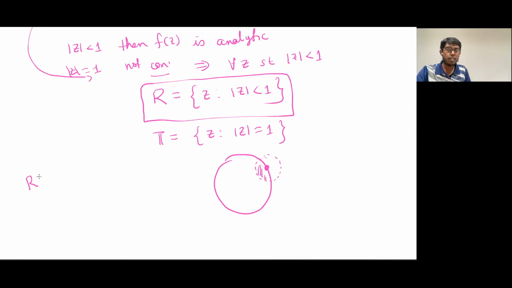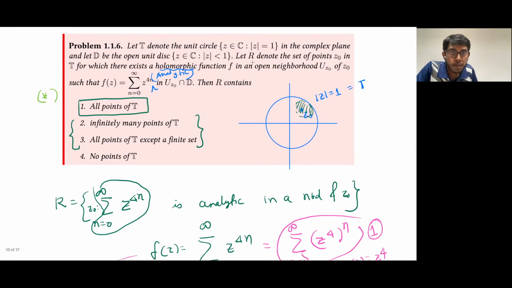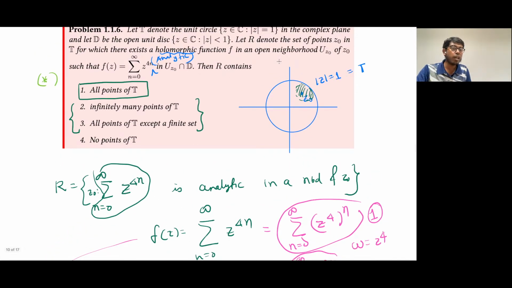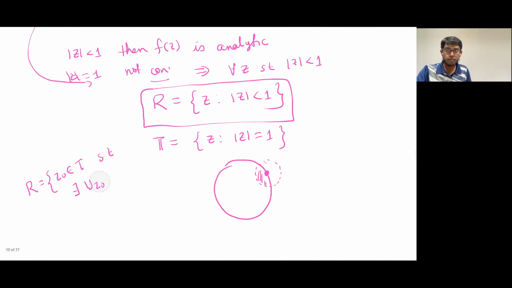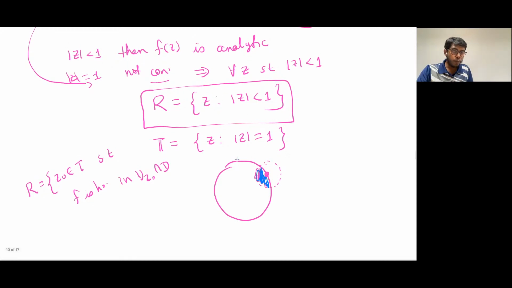R is the set of all z naught in T such that there exists a neighborhood U of z naught and a holomorphic function f in a neighborhood of this, such that f is holomorphic in U of z naught intersection D. So what is U intersection D? It's this interior region, and clearly f is analytic there. But these 4 points are the bad points.